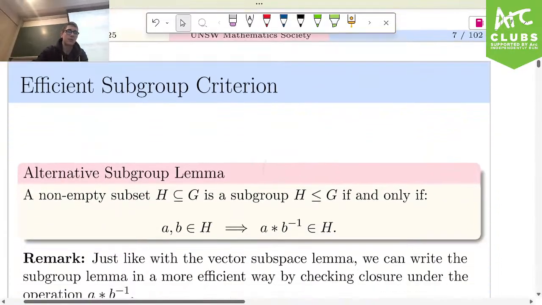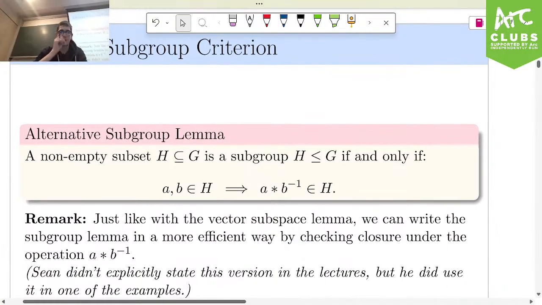And now I'll just show you as well a more efficient way to write this criteria, just real quick. So Sean, the 2601 lecturer, didn't explicitly give this criteria in the lecture slides, but he did use it, I believe, in one example.